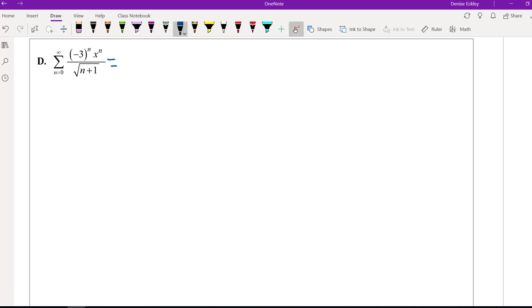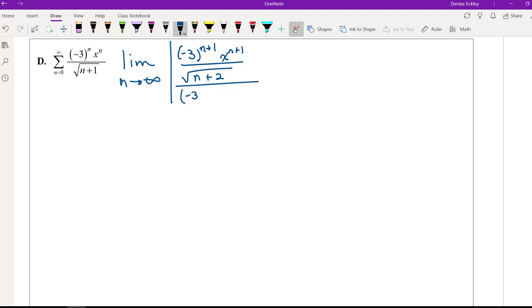So we're going to do the limit as n approaches infinity of negative 3 to the n plus 1 times x to the n plus 1 over the square root of n plus 1 plus 1, so that's n plus 2. And then that's all going to be divided by negative 3 to the n times x to the n over the square root of n plus 1.